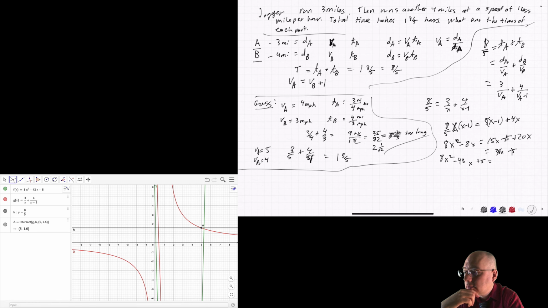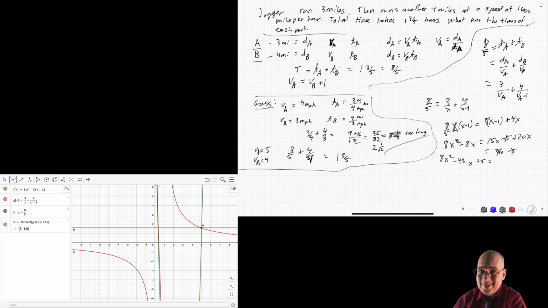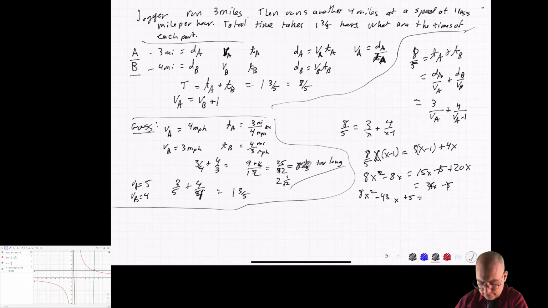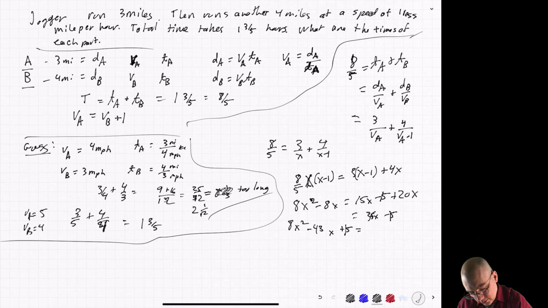Let's see if that solves my problem here. There we go. Now we have the right equation. Okay, so plus 15 equals 0. That's marvelous. That's amazing that 5 comes out of this. But okay. So anyway, I can do my little trick of x, 8x minus 43.